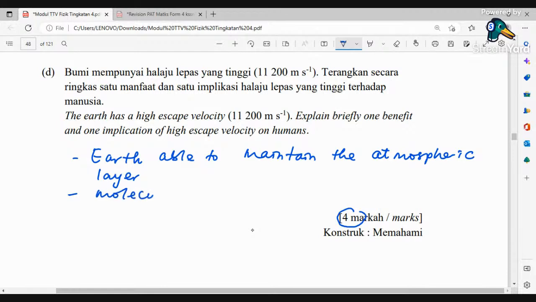Molecules of air does not easily escape to outer space.